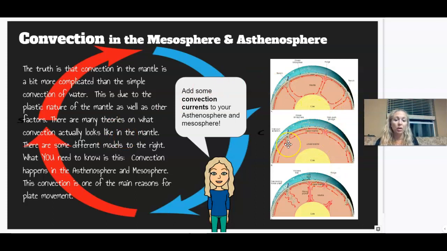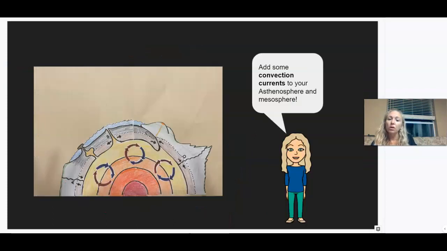These are some varying models. However you decide you want to draw convection is totally fine with me, as long as you get some done. So here is how I drew my convection currents in my mantle, between my asthenosphere and my mesosphere. So that'll be the first thing that you do.